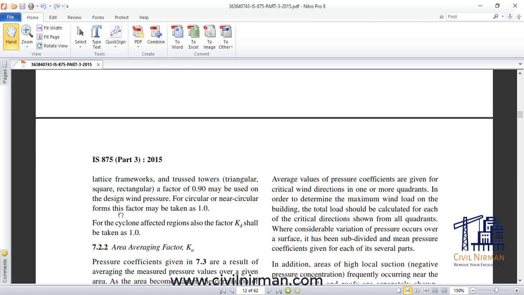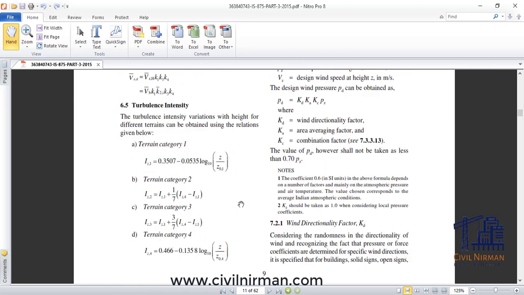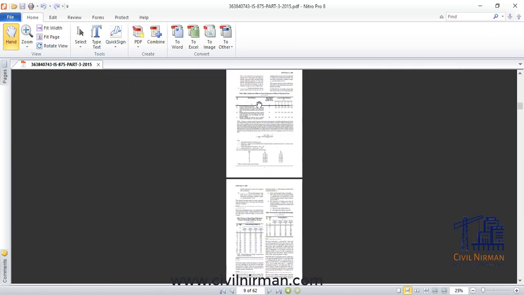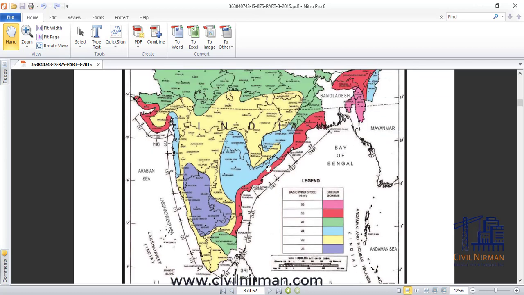Now again there is one point mentioned that for the cyclonic affected regions KD shall be taken as 1. In the map, the specification of the cyclonic region is considered in this particular bottom part, which is nearer to our coastal area.